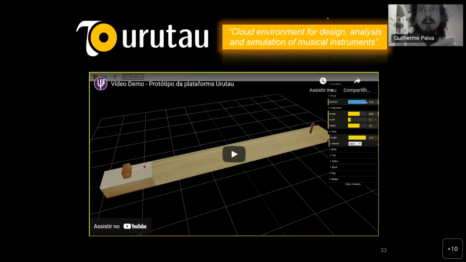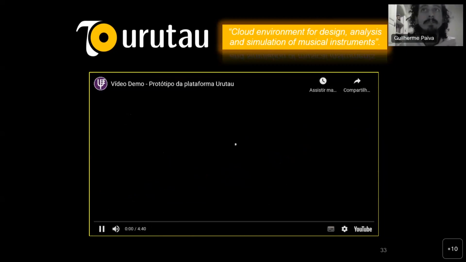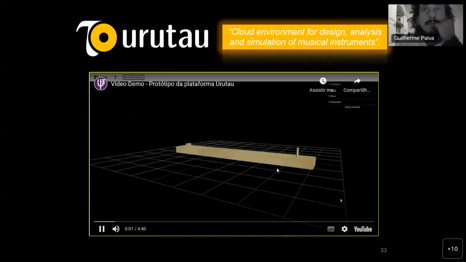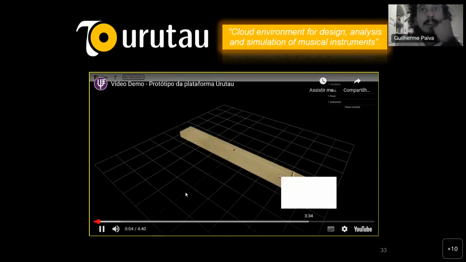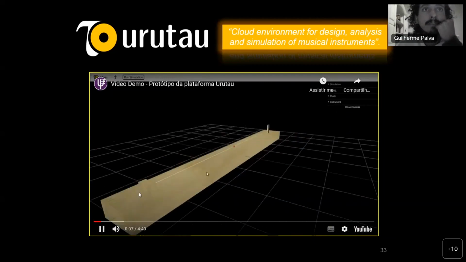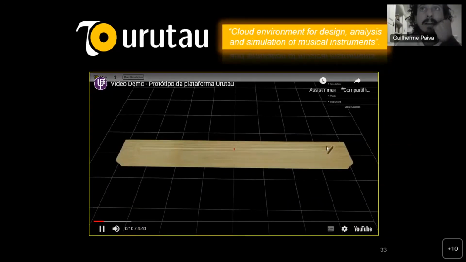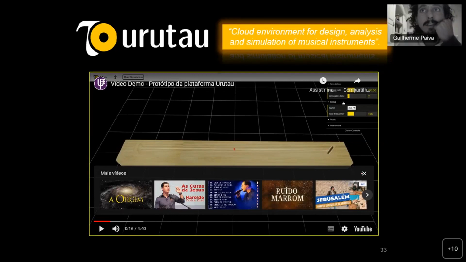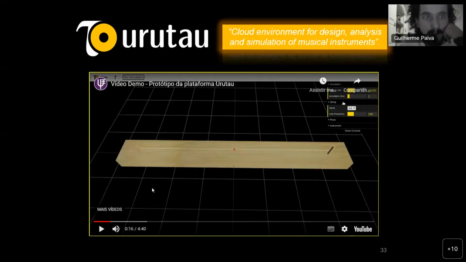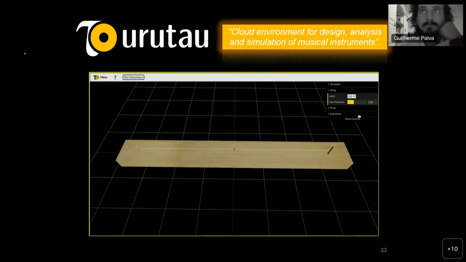So I'm going to show you a short video here. So this is our monochord. This is the virtual environment. So we have here the bridge, the peg. So we can set many parameters, for example, the string.